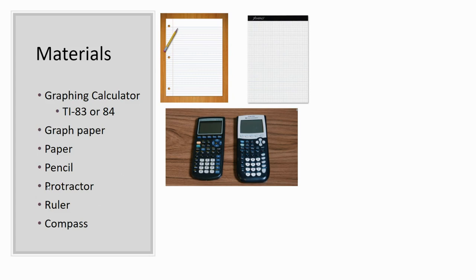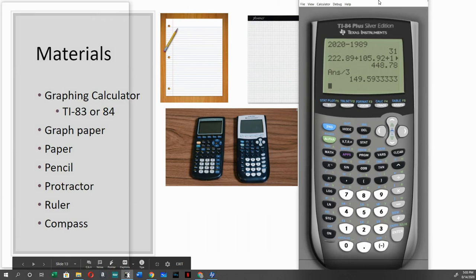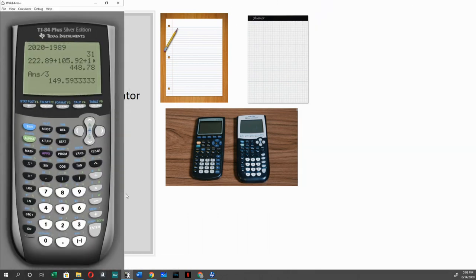Then I give you access. You don't need this protractor, ruler, and compass. I'm going to have to take those off before I did this, but not going back now. So here is the calculator that I use all the time. It has the same functions as this TI 84 Plus right here. If you want a version of this to put on your laptop or desktop, let me know and I'll send you some instructions.